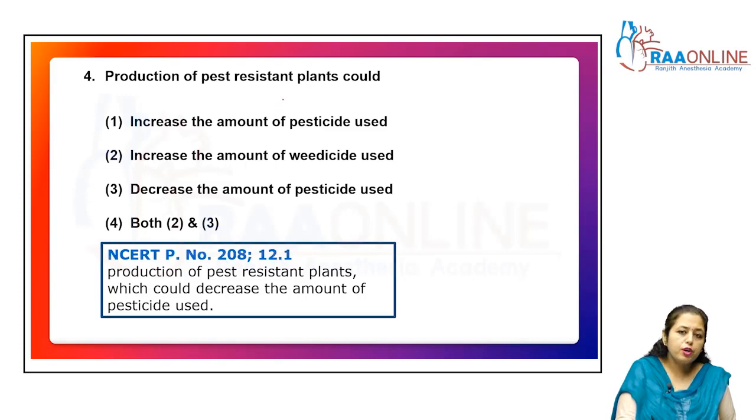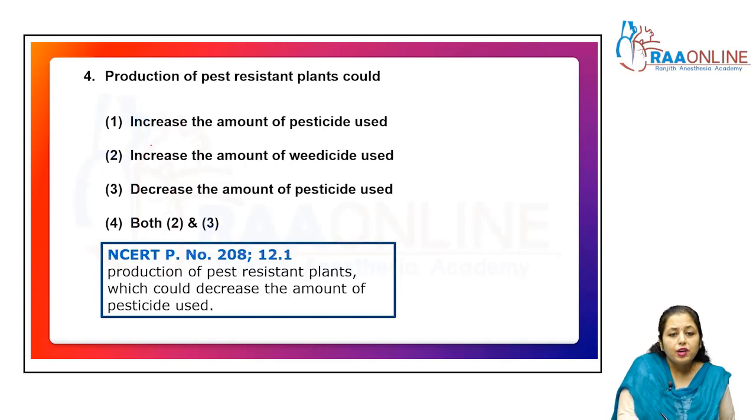If we produce pest resistant plants, there is no need to apply more pesticides, and indirectly we protect ourselves, because when we eat crops with a lot of pesticide, it will harm our body also.